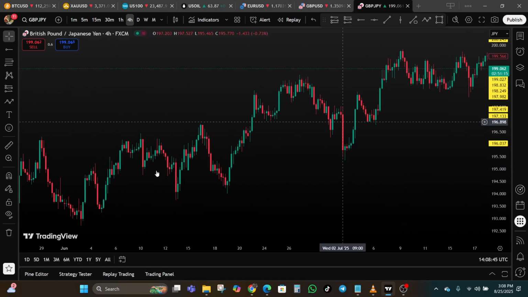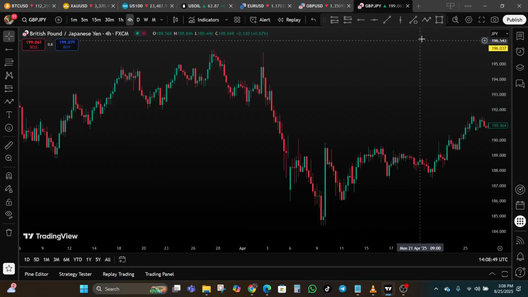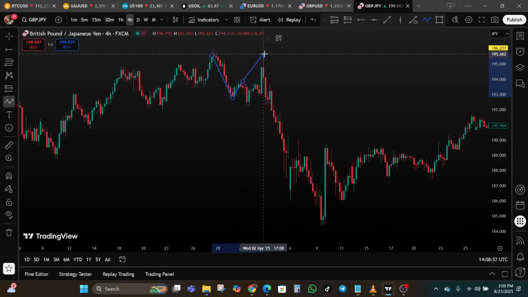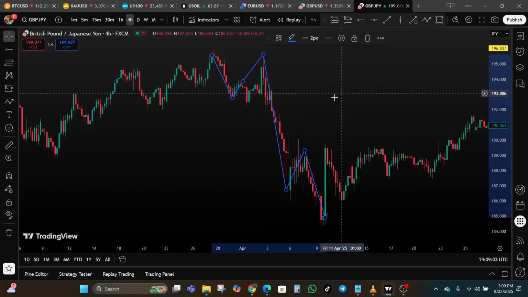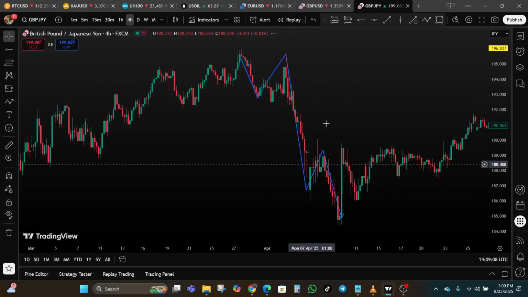Here again, we had a bullish trend. Well, here you can see we had a bearish trend. You can see our lower highs and lower lows. It seems like the bearish momentum was pretty strong around here. This impulsive move was a strong one before we had a pullback.